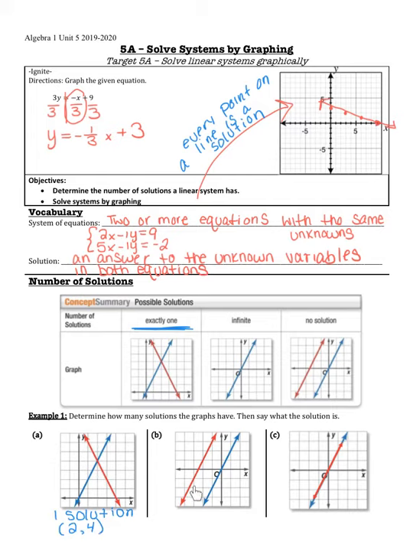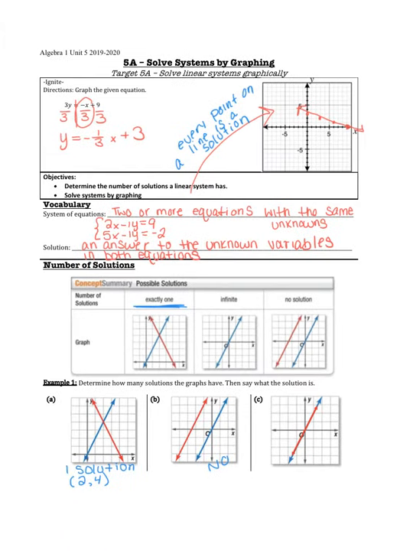Then here they are parallel again, so that would be no solution. And then here in C, it's probably harder for you guys to tell. It's two different lines, but they're on top of each other, so we say that's infinite solutions.